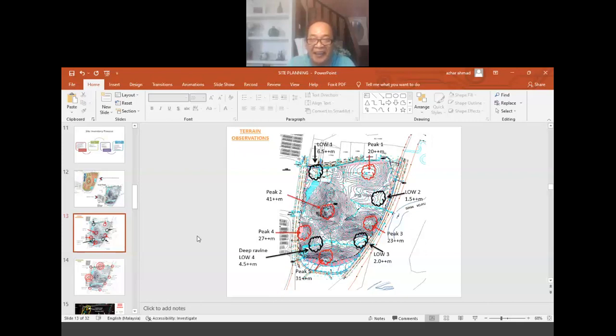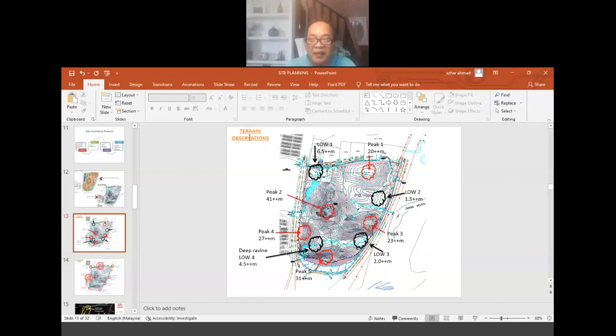Okay, and this is one example, the terrain observations, from the given site plan where we have separated the topography map from the development plan, and from here we can easily look at the topography map and pick up a lot of information.